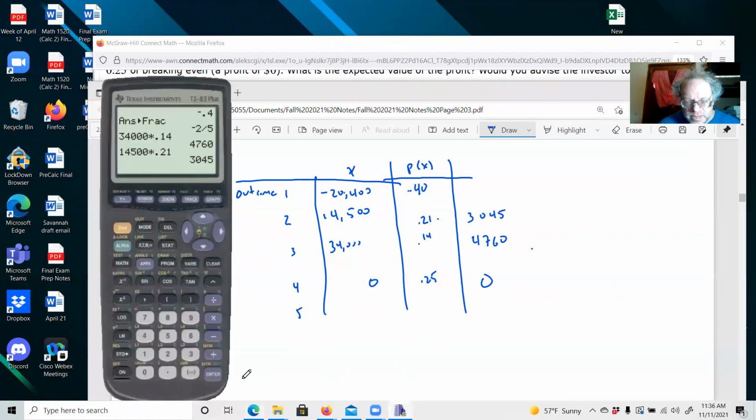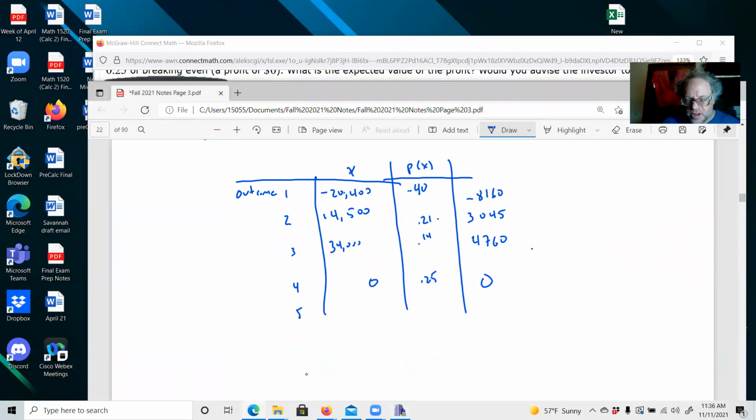And then the last one is 0.4 times 20,400. You have to use the minus sign for the negative. This is negative 8,160. Then we add those up.